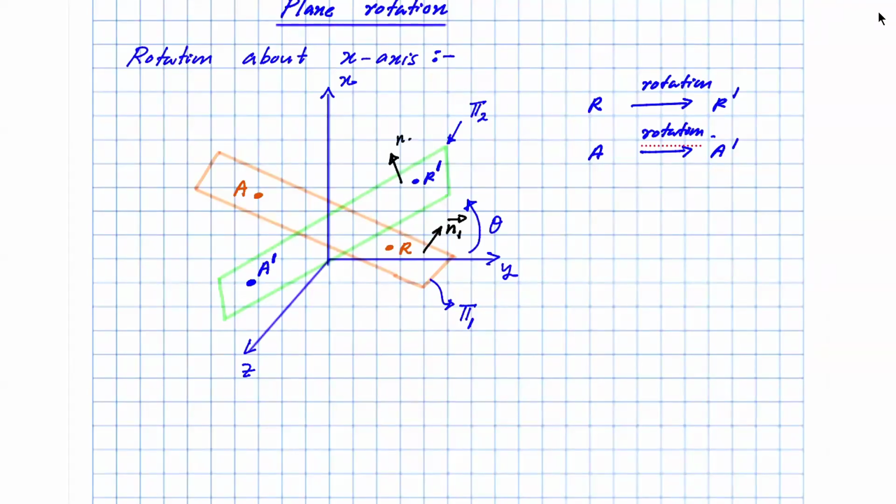This is going to be n2 here. Right? So n1 vector is also going to be n2. Rotation. Right?